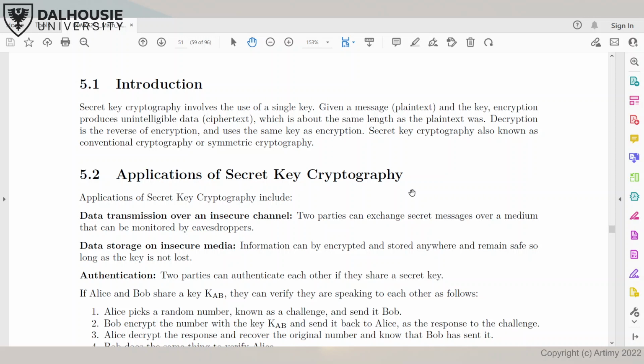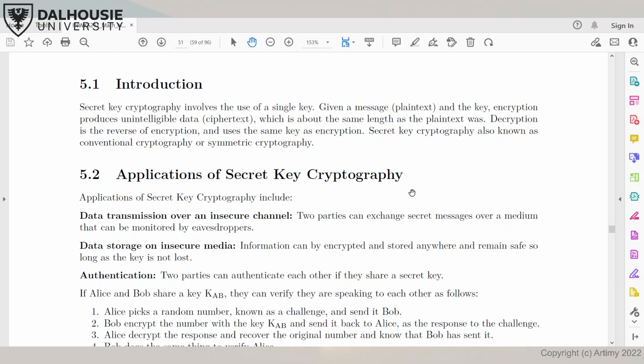Interestingly, now we know why it's secret key cryptography, because we need to keep the key secret. But also we call it symmetric cryptography because both algorithms, the encryption and decryption algorithms, are the same algorithm, just in a reverse order, and both use the same key.